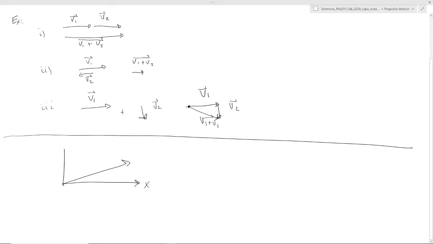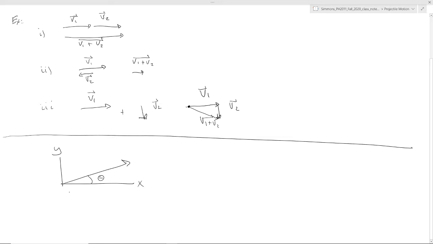This is the x-axis. I don't want you to think the coordinate system is also vectors, but we have an x and a y-axis, and we indicate this vector as being at some angle above the x-axis.